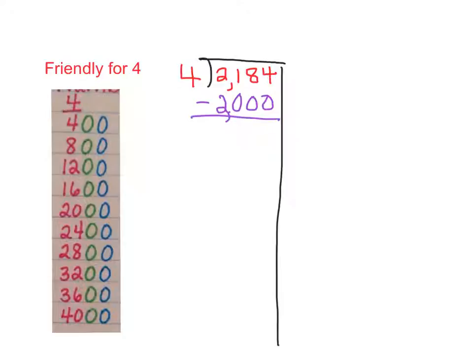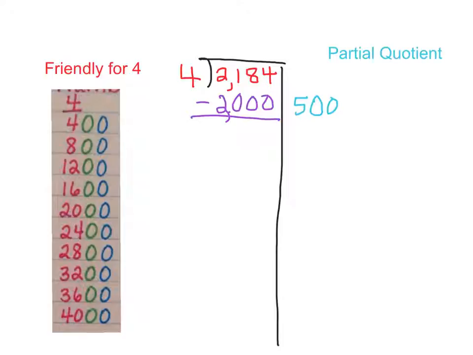So I know 4 times 5 is 20, plus these two extras, that would make 500. 500 times 4 is 2,000. So over here to the side, I'm going to write, oh, not 2,000, sorry. I'm going to write 500. That's my partial quotient.